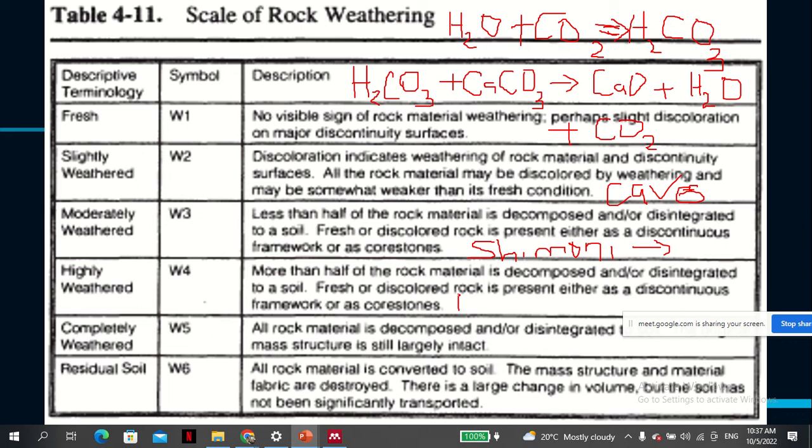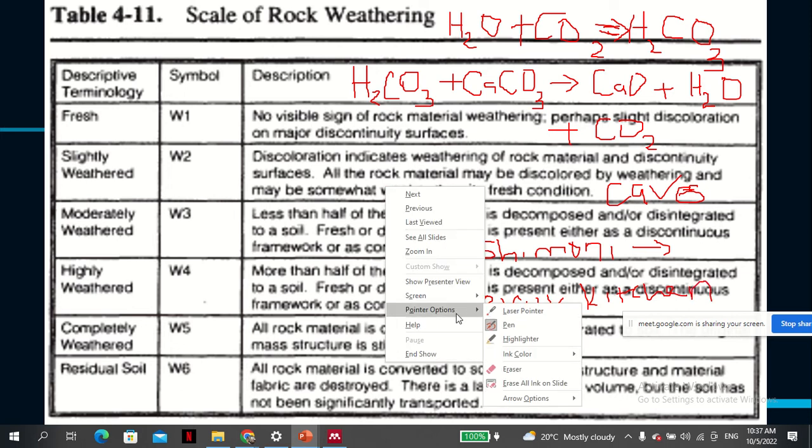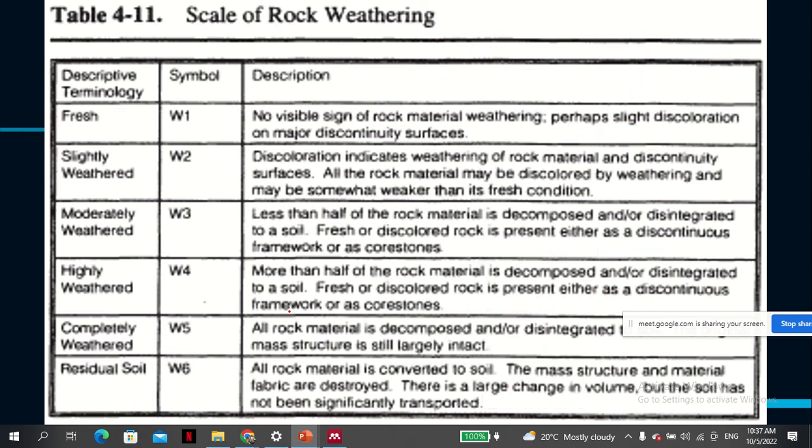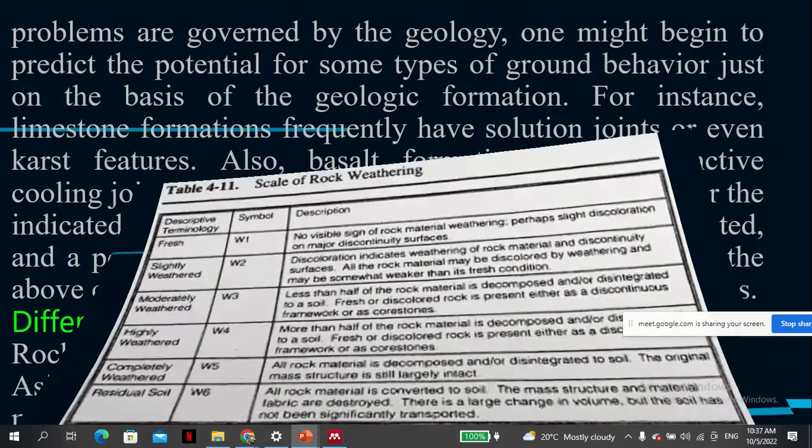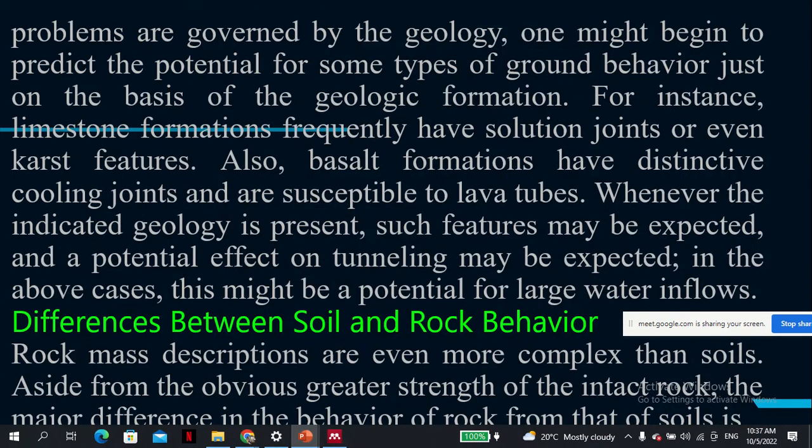This is just to demonstrate the effects of limestone. So if you are going to do your tunnel in such areas, then you can anticipate this kind of behavior.